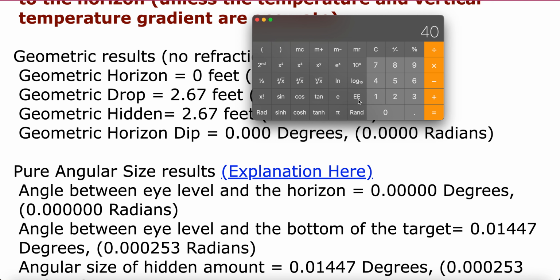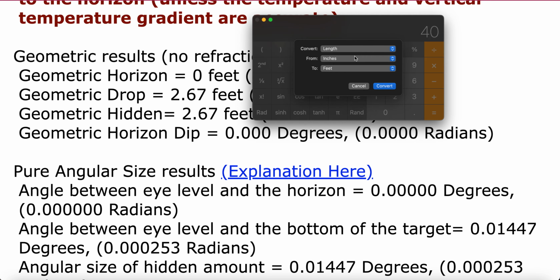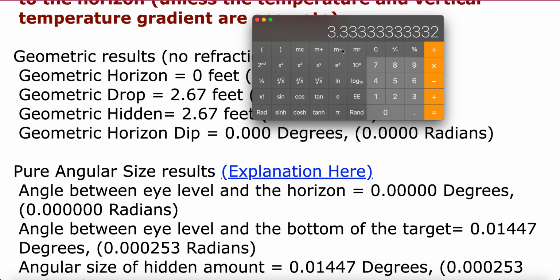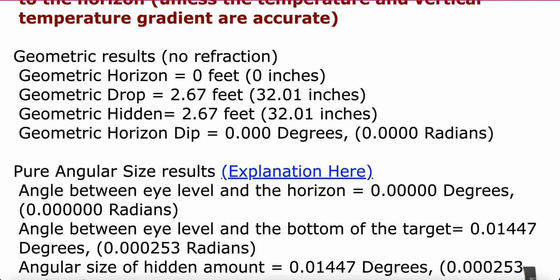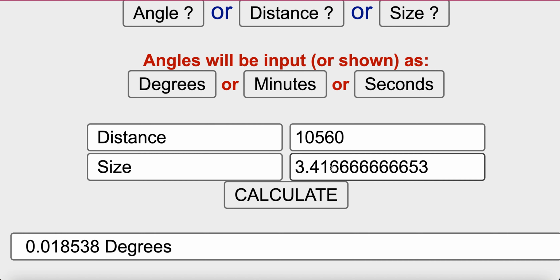Now if we take 40 inches and convert to length, inches to feet, that's 3.33 feet. And then we come in here and I put in 3.33 feet, and I have a distance of 10,560 feet, because that would be 2 miles away, and I calculate it. It's going to be too small to see.